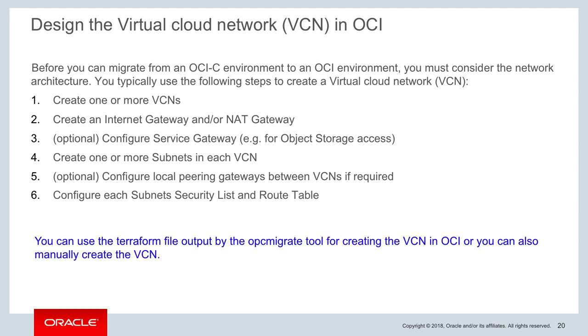And depending on how you created your security rules in OCI Classic, you may have to create similar rules in the security list and update the rules in the route table accordingly. You can create your VCNs manually using the OCI console, or you can use the Terraform file output by the OPC Migrate tool.